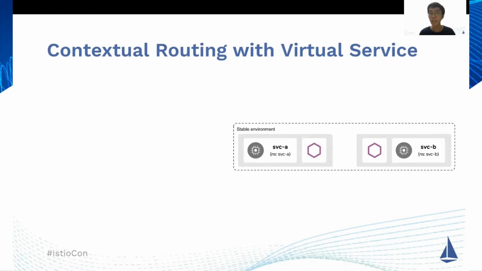Now, whenever service A wants to make a call to service B, service A can simply discover service B via the svcb.svcb.svc.cluster.local domain that we set up via the Kubernetes service.